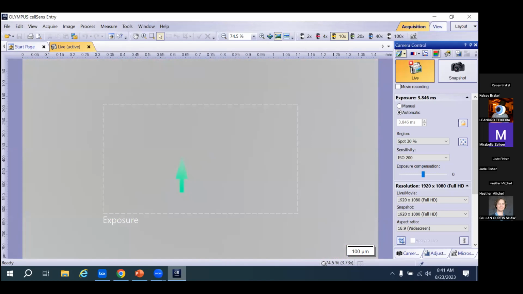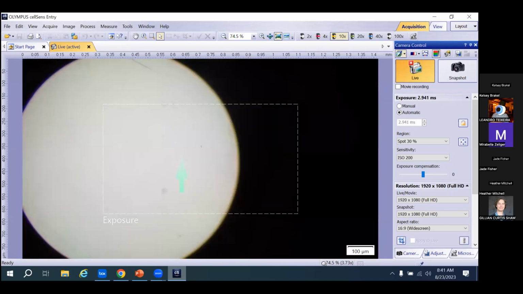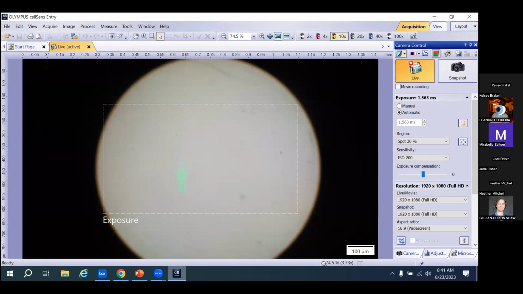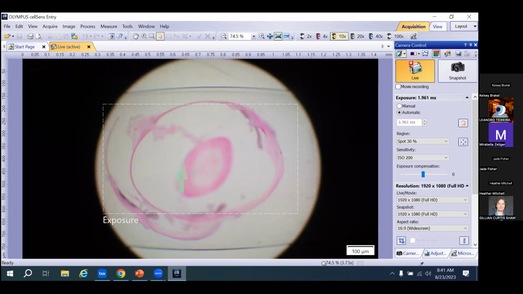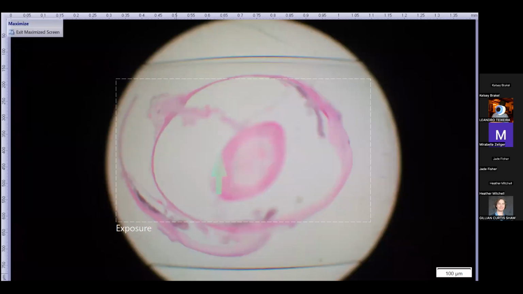And so then we received the globe. They didn't tell us, oh, this is the left eye, sorry. We presume that this is on the same side as the orbital mass, although the laterality of the orbital mass was not necessarily given to us, either initially or with the second submission.